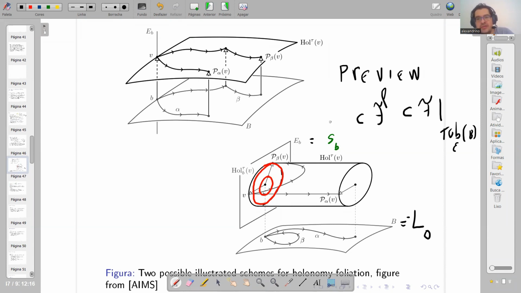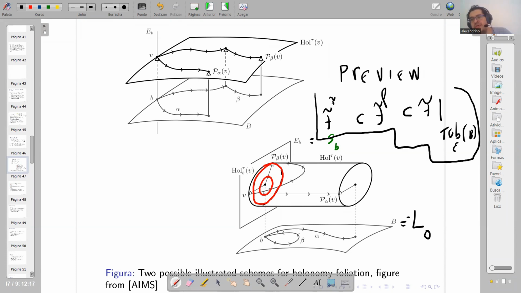And then you have this holonomy foliation inside. So the structure of every singular Riemannian foliation is like this. Every time you have a foliation, you may restrict it to the neighborhood of a leaf. Then you have this guy.